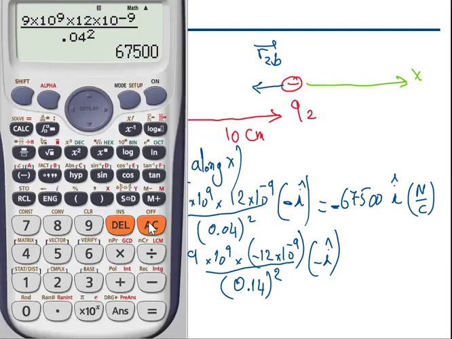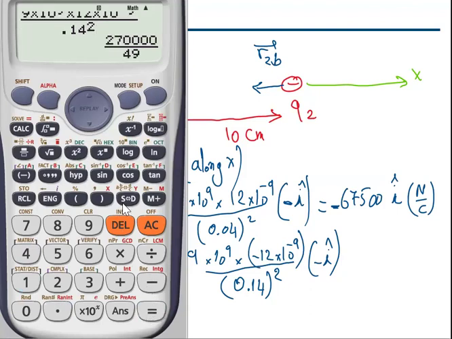And we compute the electric field produced by the second point charge. So let's write here 9 times 10 to the power 9, multiplied by 12. Okay, we will add the negative sign, times 10 to the power negative 12, negative 9, divided by 0.14 squared.